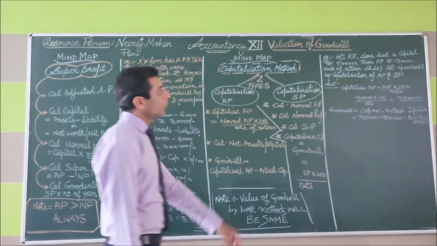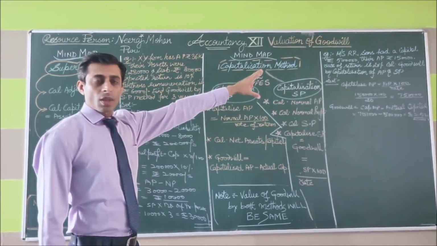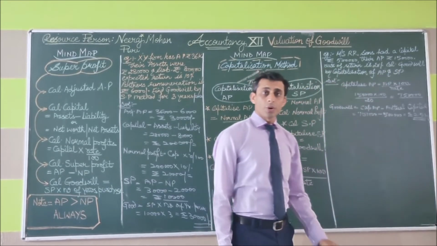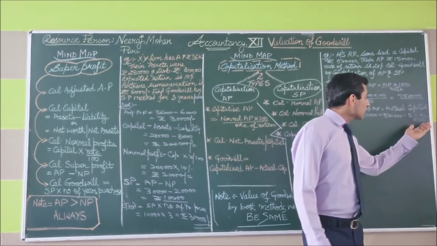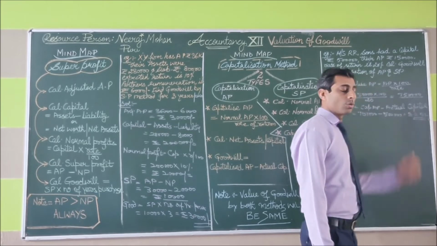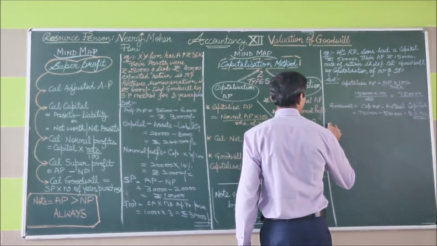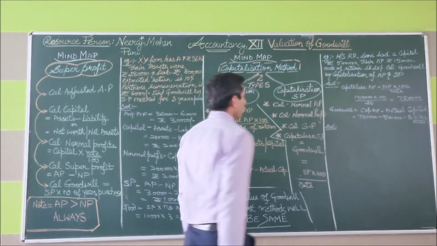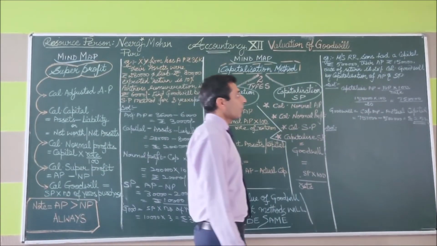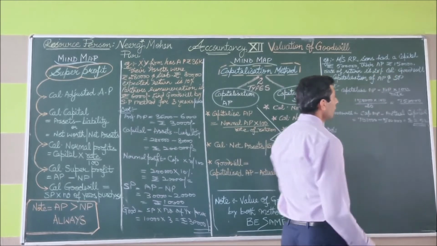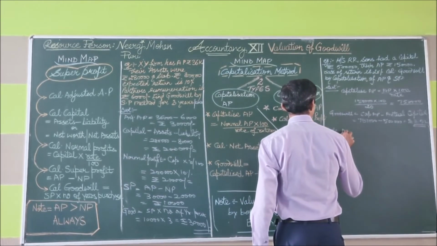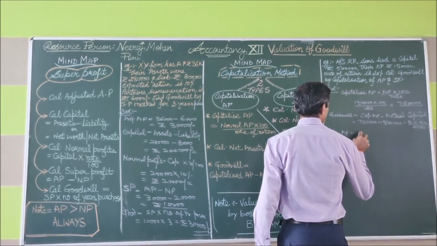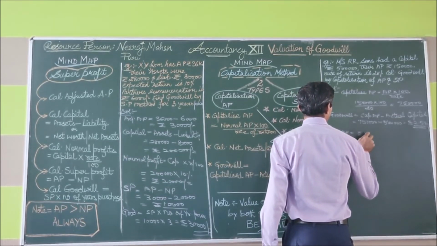Now we will use the same statement and calculate the answer using capitalization of super profit, but the answer must come to 2.5 lakh, 2,50,000. Second method. Step number 1, we first of all find our average profit, which is already given as 1,50,000. So average profit, which is our actual profit also, is rupees 1,50,000.